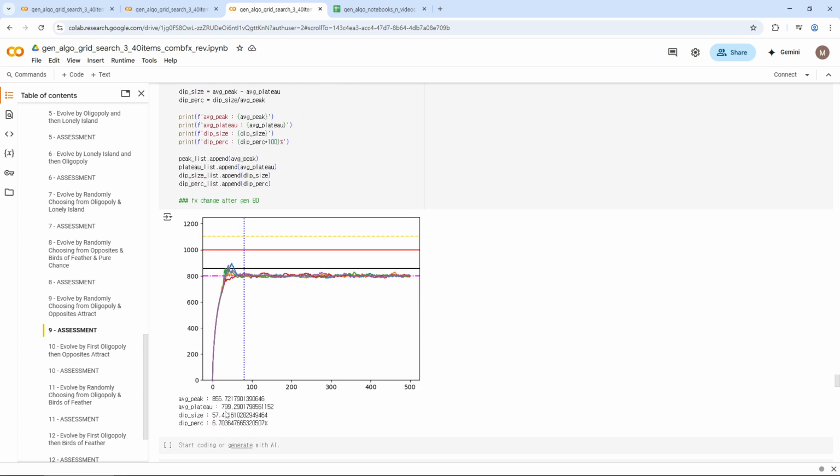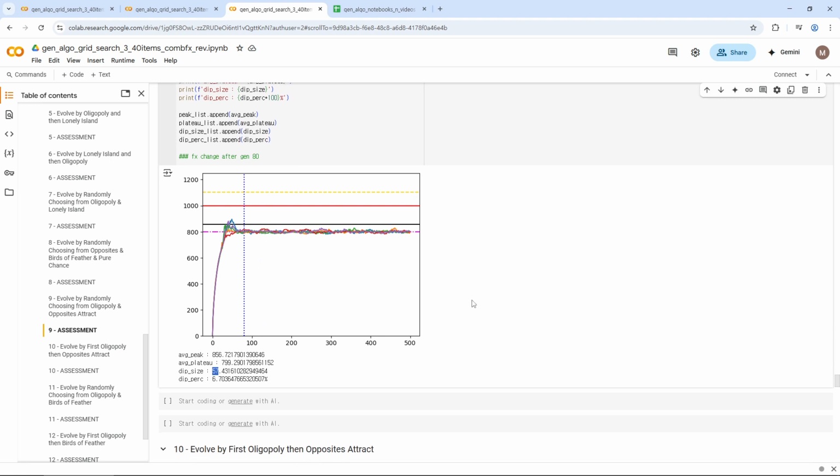Average peak, again, the dip size is 57.43. Dip percentage is 6.7. So not that big of a dip size and dip percentage, but again this is due to the fact that it never actually peaked to full potential.